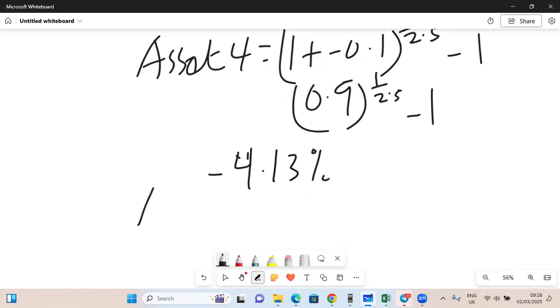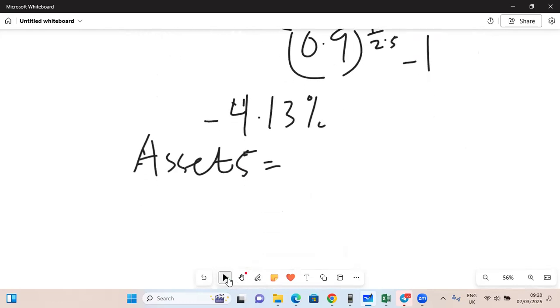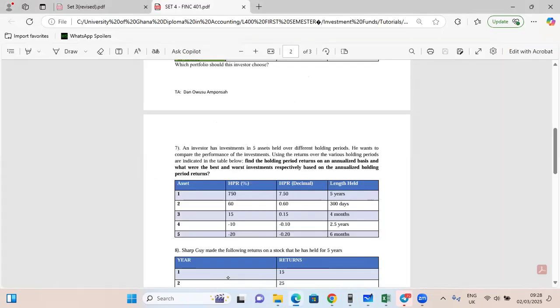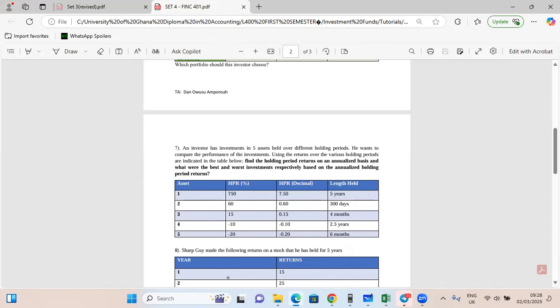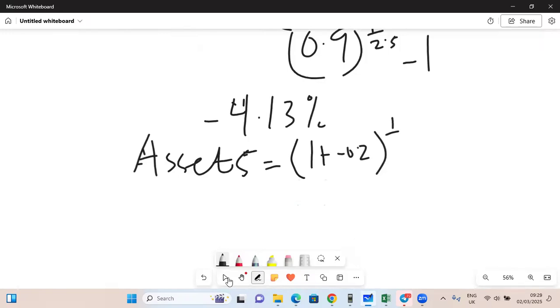Then asset 5. Asset 5 is also going to be bracket open 1 plus negative 0.2, all raised to the power 1 over 6 over 12, or you can do it all raised to the power 12 over 6.